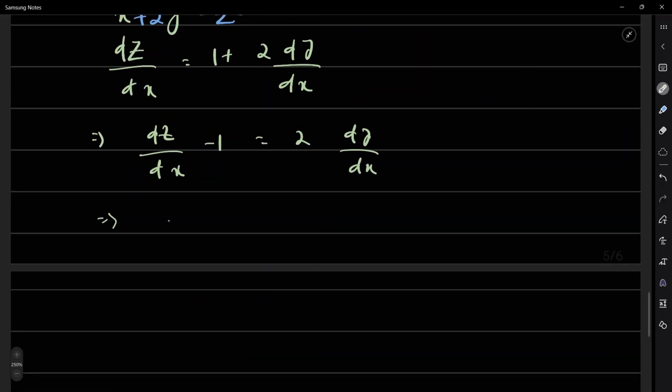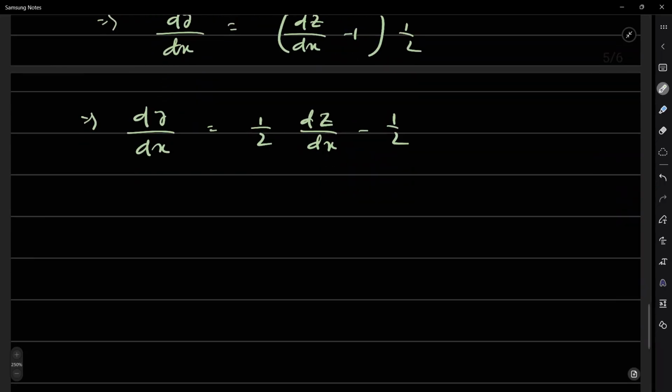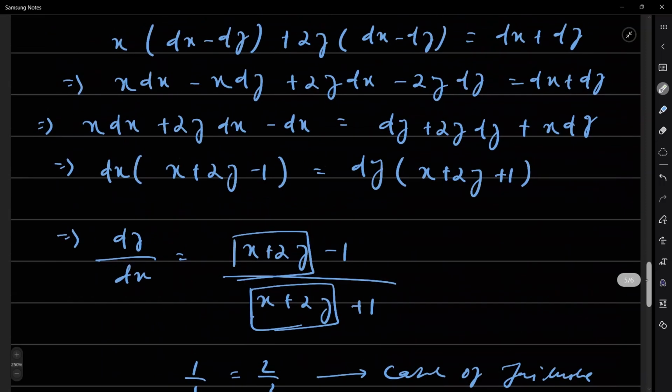So dy by dx can be written as dz by dx minus 1 by 2. So dy by dx becomes 1 by 2 dz by dx minus 1 by 2. Okay. So now put this dy by dx in this equation.